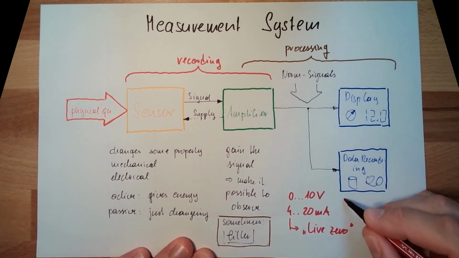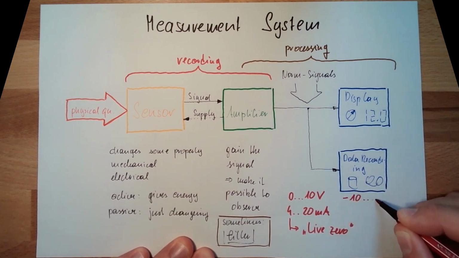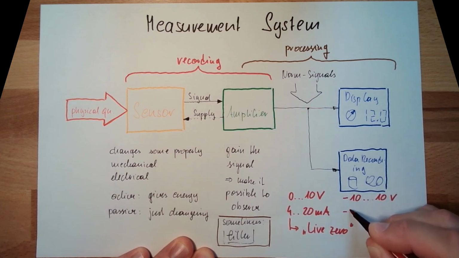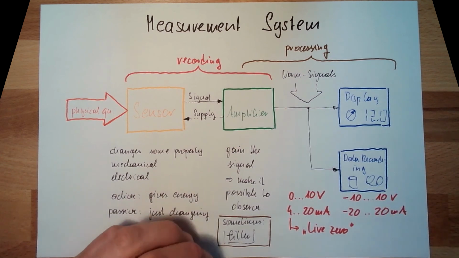Then there are bipolar signals, -10 to 10 volt and -20 to 20 milliamperes. This is also a very common signal. Which of them to choose and what the advantages and disadvantages are we will cover in the upcoming videos.